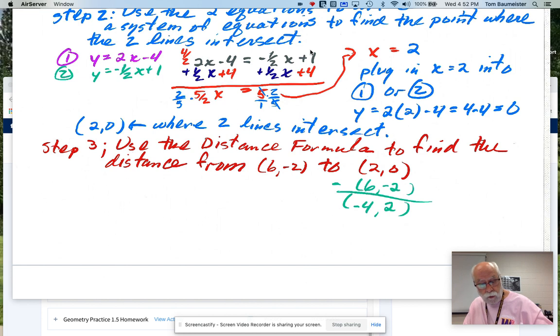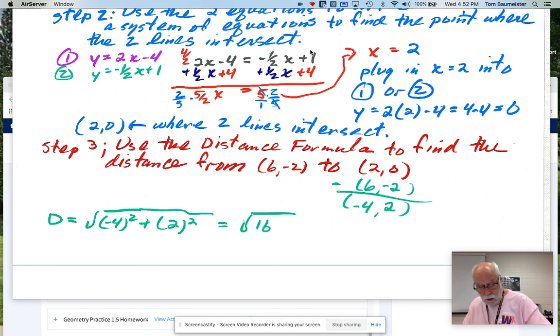So now we're just going to use that and find our distance. Let's just call it d, is equal to, in this case, negative 4 squared plus 2 squared, which is the square root of 16 plus 4, which is the square root of 20. And again, if we plug that into our calculator, we would see that it is approximately 4.5 units.